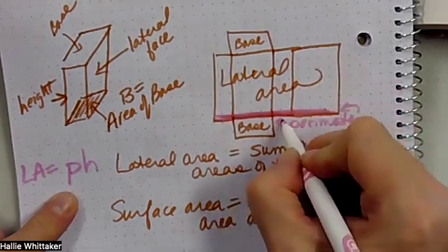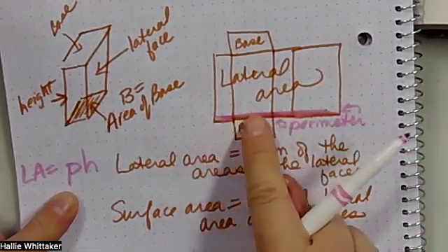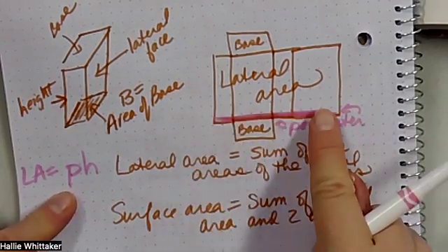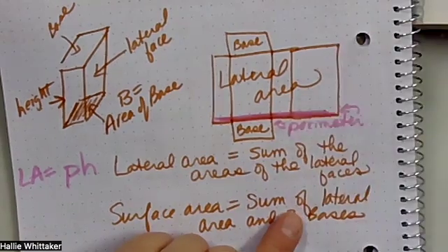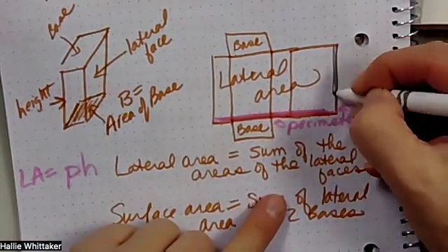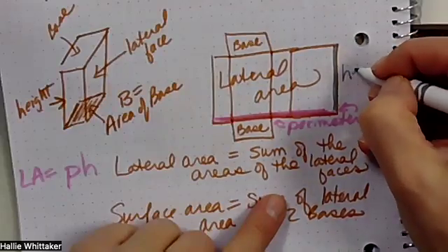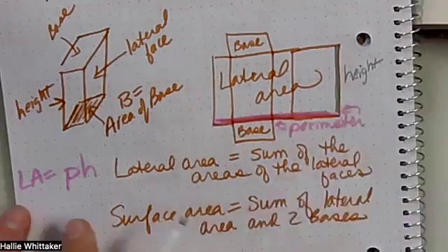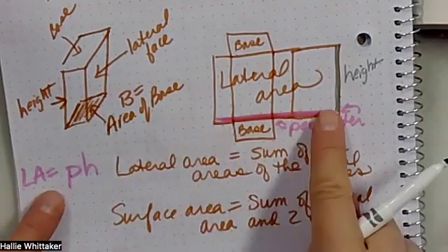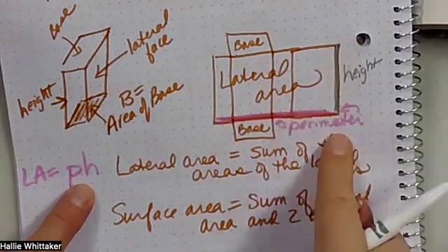The perimeter is all the way across. Think of it like your base in a way, but that's the perimeter. And then there's your height. So for the lateral area, you're going to find the perimeter of the base, and then multiply it by the height.